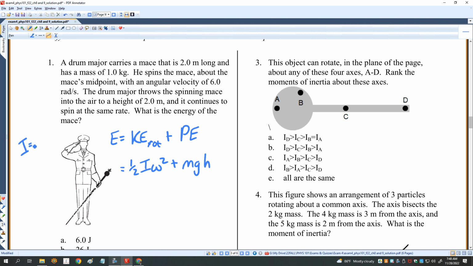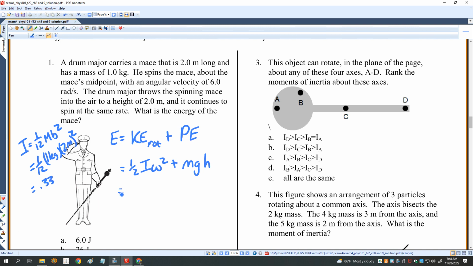If I look on my table for a thin rod of length b rotating end over end, that's going to be 1/12 mb squared. 1/12 of the mass, which is 1 kilogram, times b, that's the length, so it's going to be 2 meters squared, so that's 4 over 12, or 0.33. So I'll just call it 1/3.